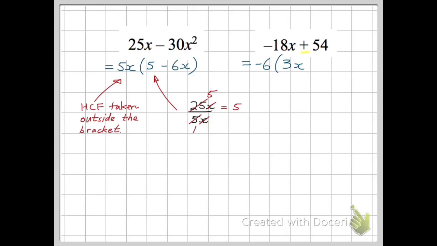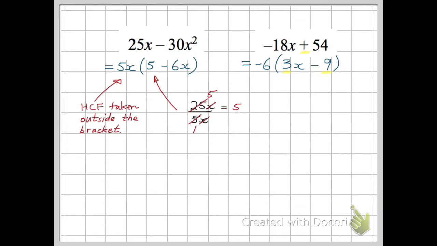Now, to get a plus sign, we have to remember that a negative times a negative is a positive. So this has to be a negative. 54 divided by 6 is 9. Close the bracket. Now, the tip is to have a close look to make sure you really do have the highest common factor. Do I? In fact, I don't.